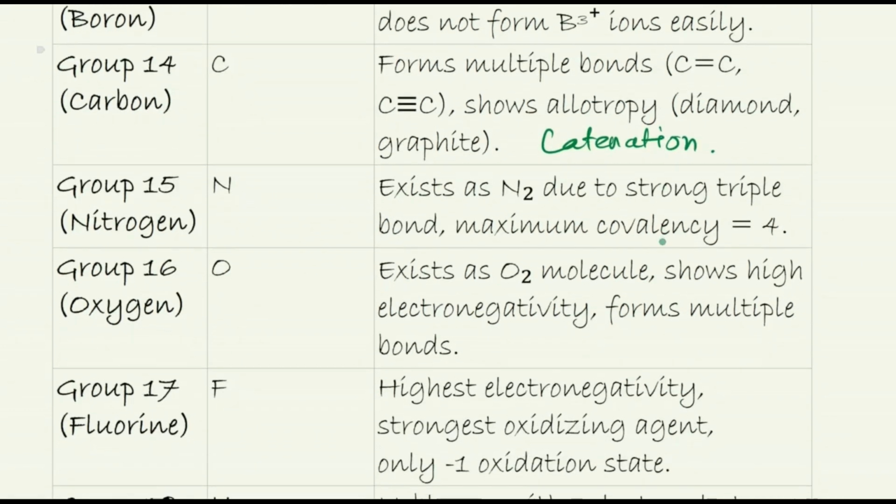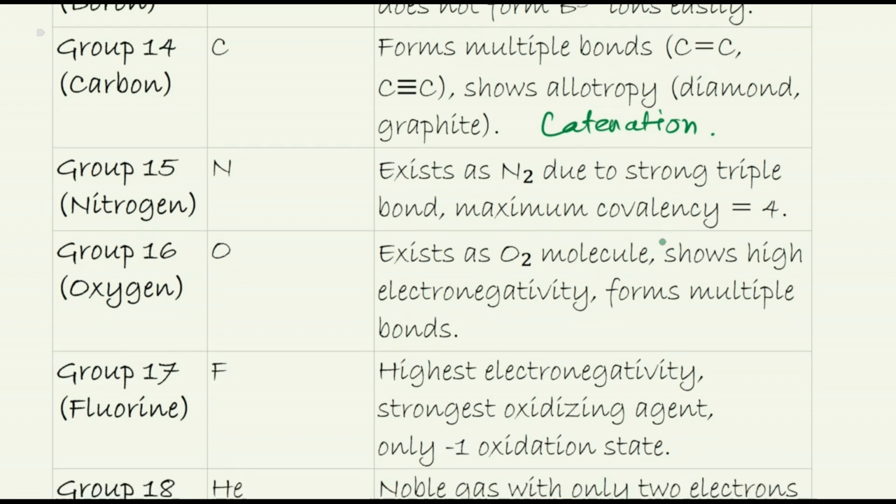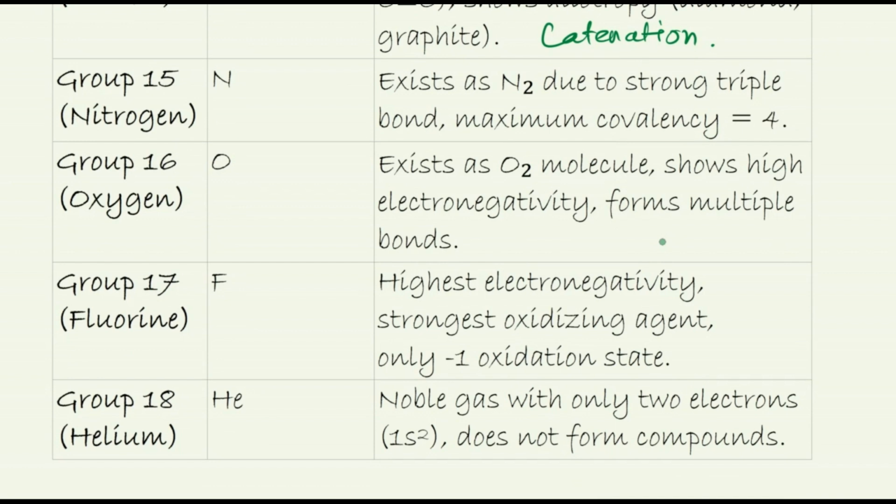Group 15, nitrogen, exists as N2 due to its strong triple bond, and the maximum covalency of nitrogen is 4. Forms 4 bonds. Then group 16, oxygen family, oxygen in the first place, exists as an O2 molecule, shows high electronegativity, forms multiple bonds.